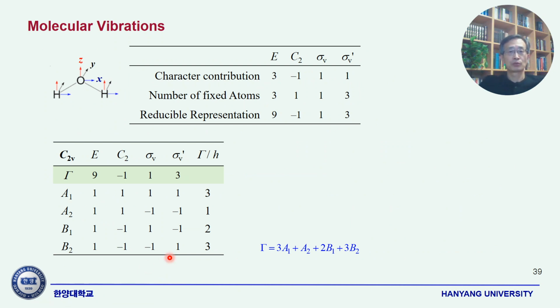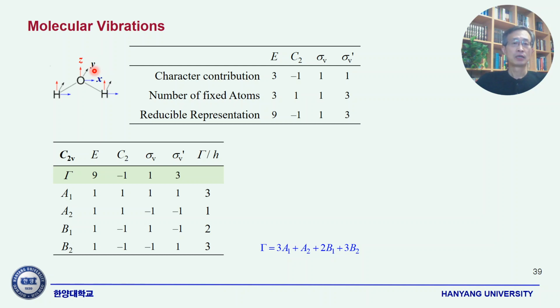Our example, a very familiar example, is the water molecule. X, Y, and Z here are the translational vectors for oxygen, hydrogen, and the other hydrogen. So there are 9 possibilities to change, not change, or flip the sign.